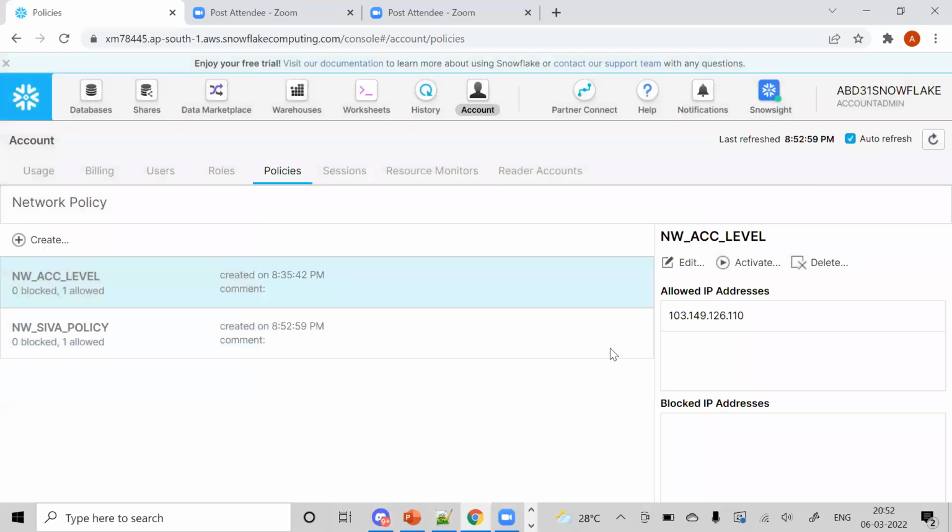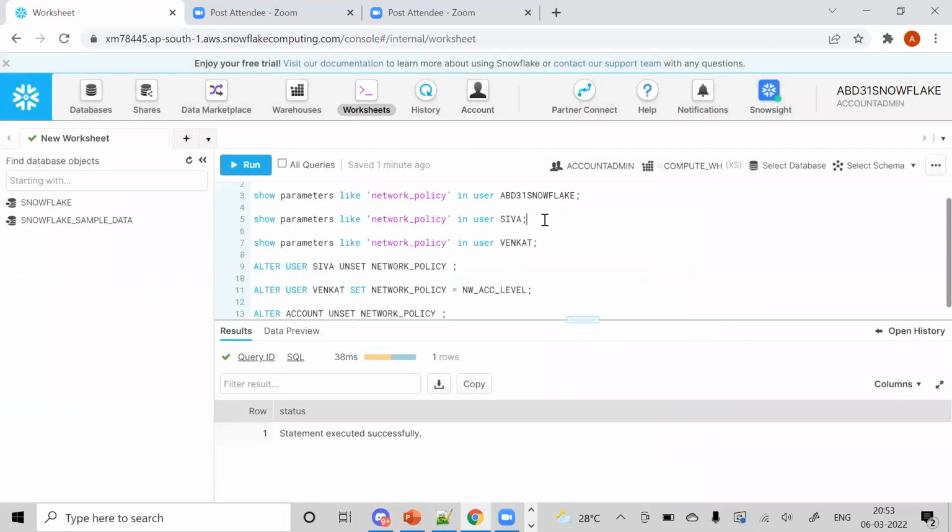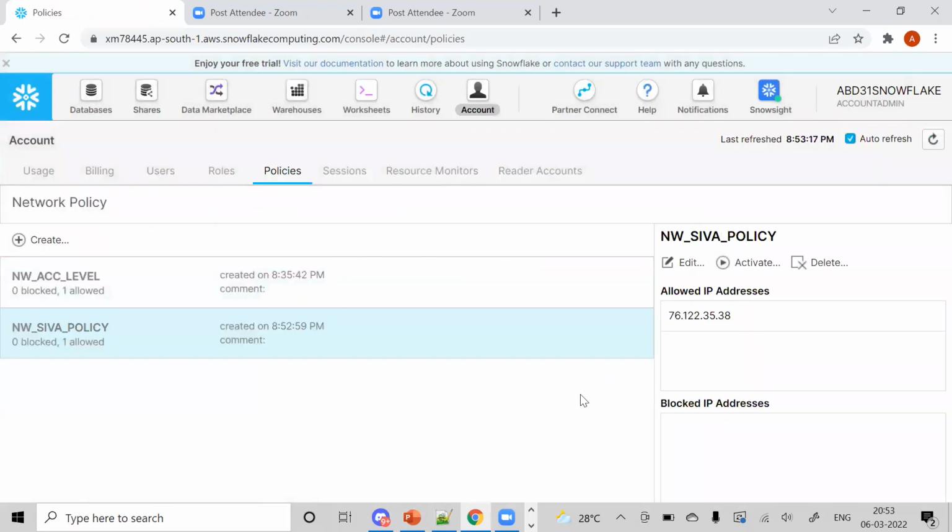Both are deactivated. Let me check if I've unset it for you also. There's no policy right now. Although there are two policies existing, none of them is activated.